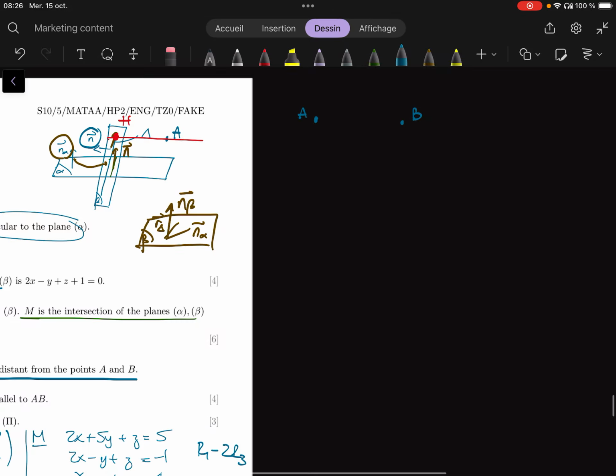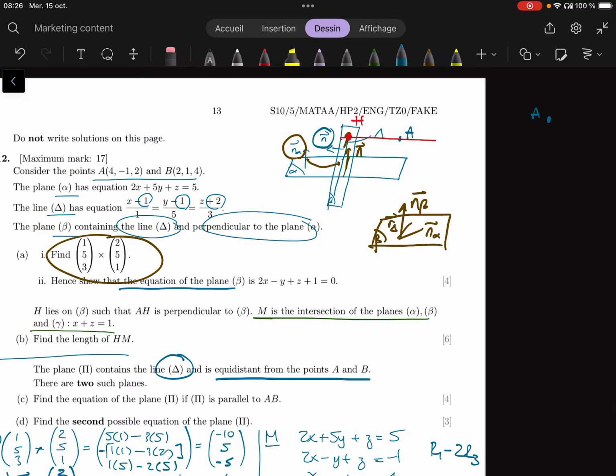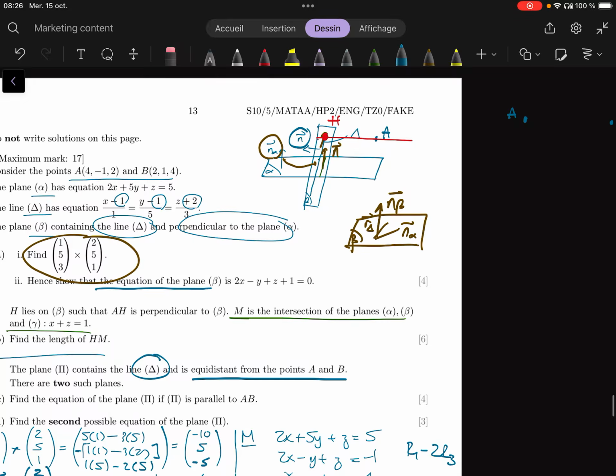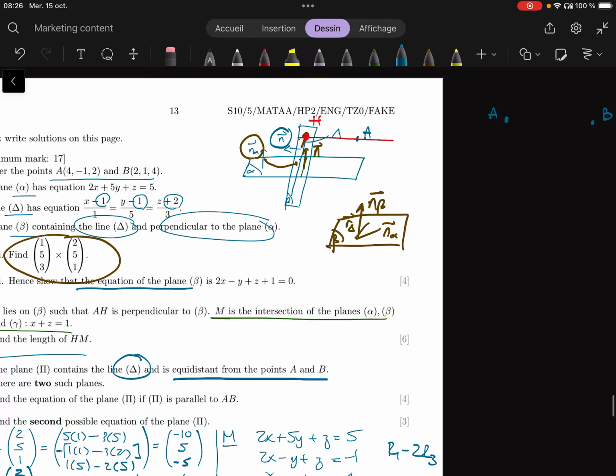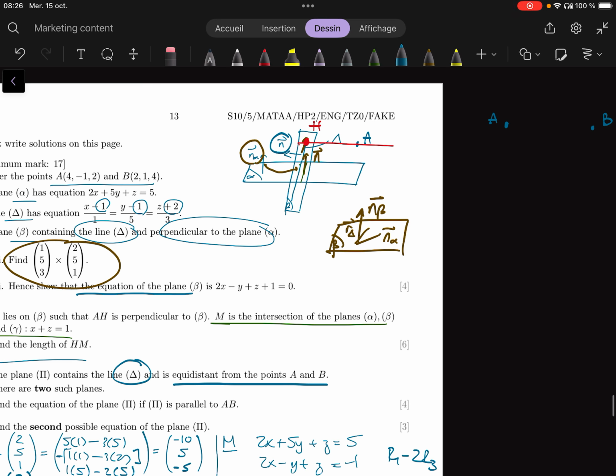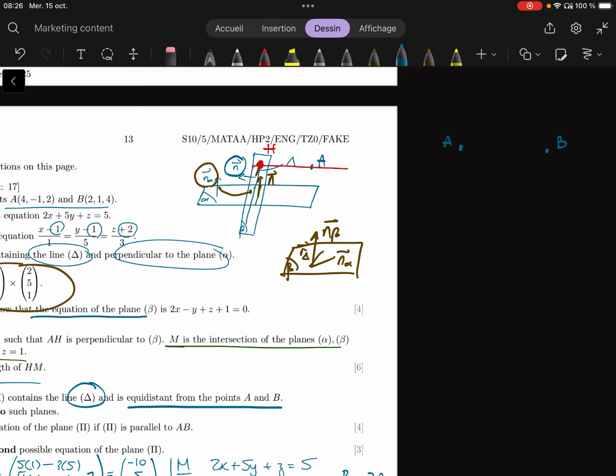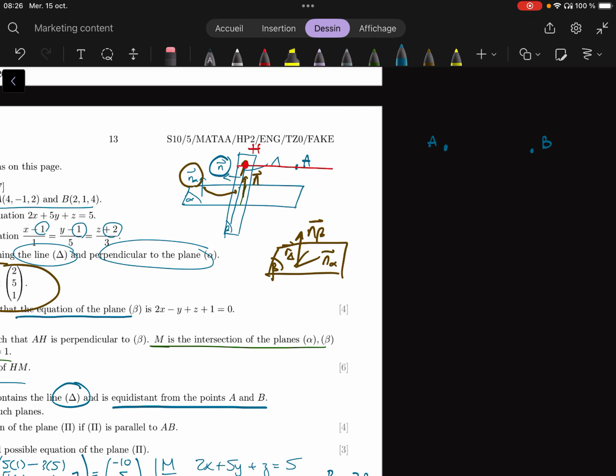We have point A, we have point B. We're interested in the plane that is equidistant from A and B, that also contains the line delta. So you have two options. Option one is when the plane is parallel to AB and also contains the line delta. Why does it work? It works because this distance is equal to that distance.